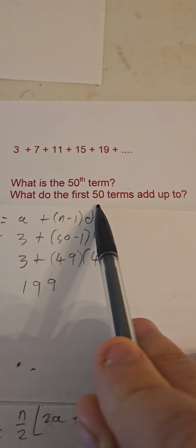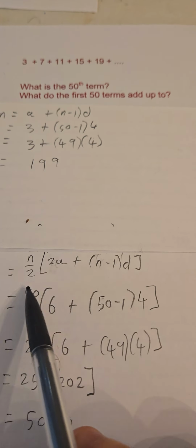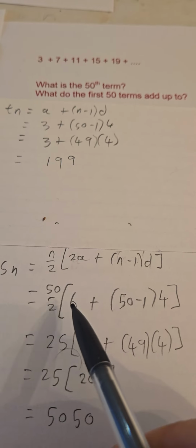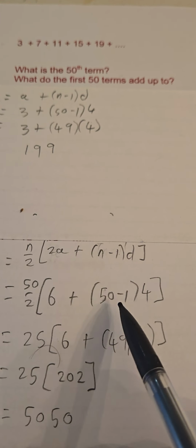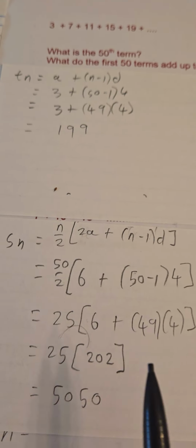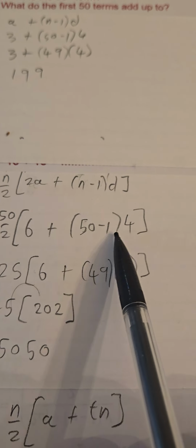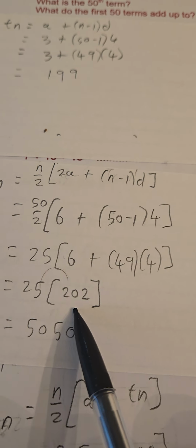The next question is, what do the first 50 terms add up to? And that's the formula we just looked at a second ago. It's 50 over 2, 2a is 2 times 3 is 6, the first term is 3. The 50th term, 50 minus 1 times 4, and we keep simplifying. 50 divided by 2 is 25, 50 minus 1 is 49, 49 times 4 plus 6, 202.